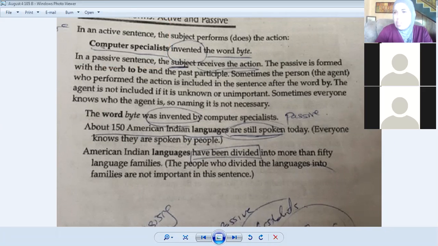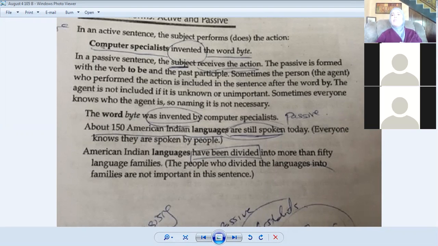I don't say by she, because you can't say by she. She changes into her after the preposition by. So the dog was walked last night by her.